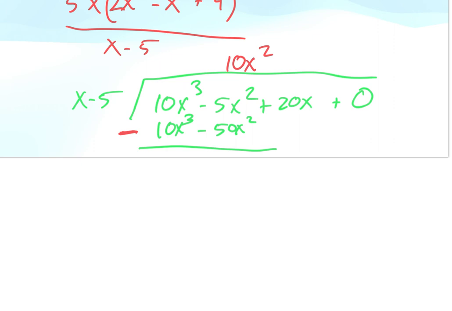All right. Then I have negative 5 minus negative 50. That would be positive 45x squared. Bring down this one, 20x.